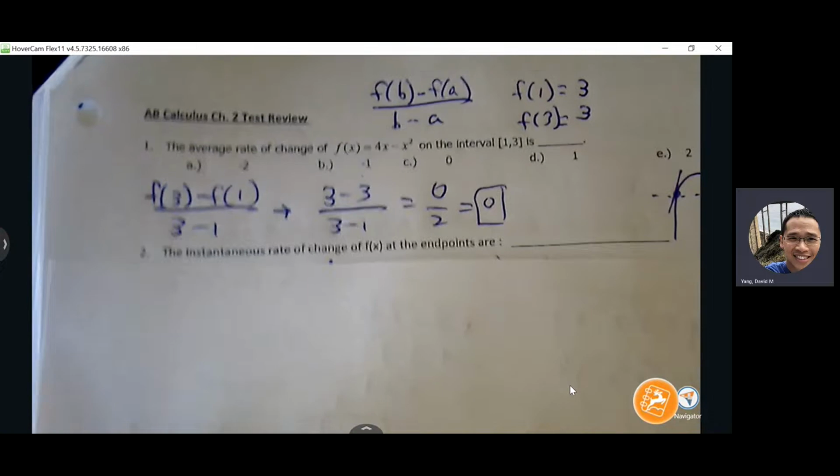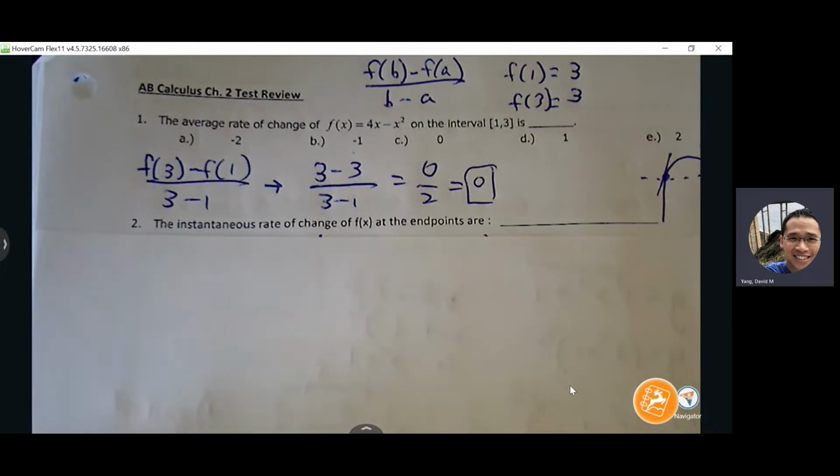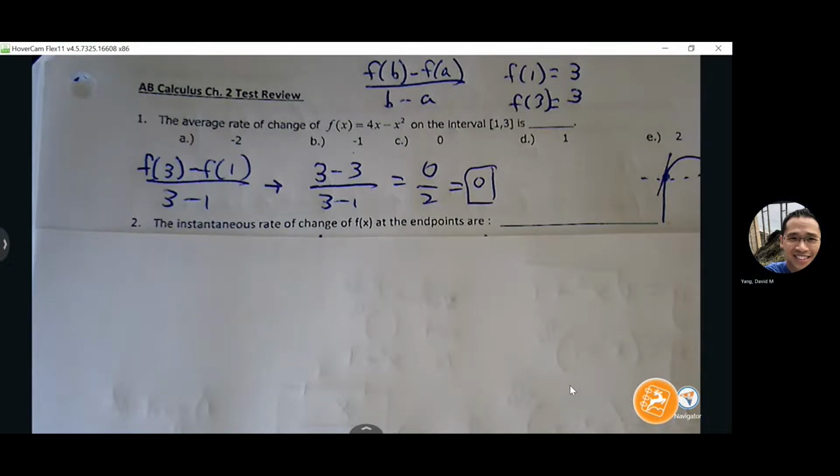So f of 3 is 3, f of 1 is 3. 3 minus 3 is 0, 0 over 2 is 0. So my average rate of change is 0.